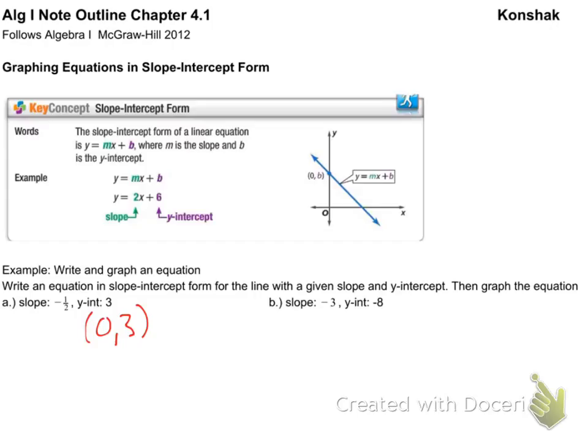Guys, it's really cool that you don't necessarily need a y-intercept and a slope to draw the graph. You just need a slope and any point on the line, because at that point, you can use slope to your advantage. If you remember when I was talking about slope, slope as a what is your friend? Fraction. Because that'll give you a rise over run.